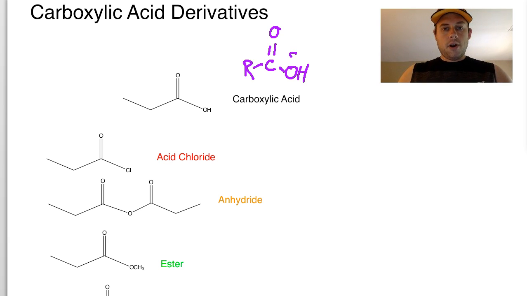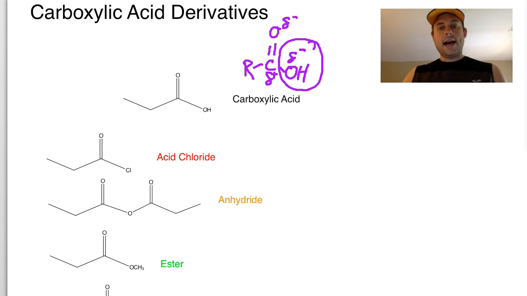You've got a partially negative group hanging off of this carbonyl group. The carbonyl carbon is partially positive, the oxygen is partially negative, and then we have some sort of a partially negative group. In the case of carboxylic acids, that is the OH group. So the derivatives are going to be groups that also contain electronegative groups in this position.